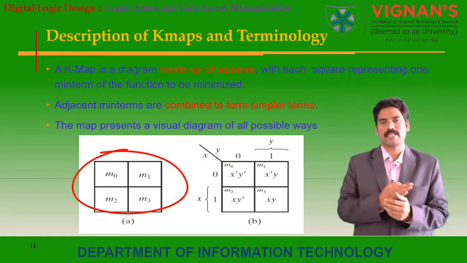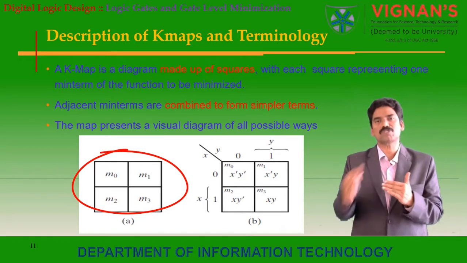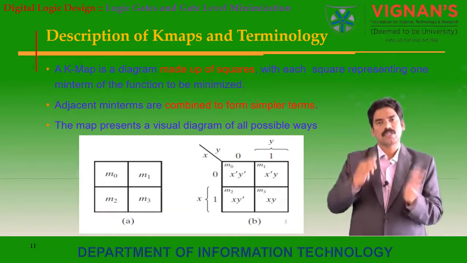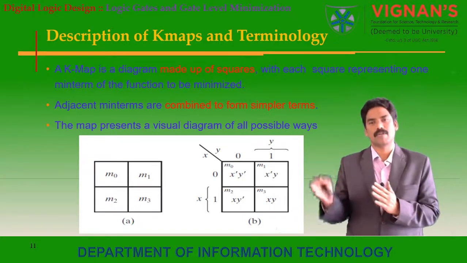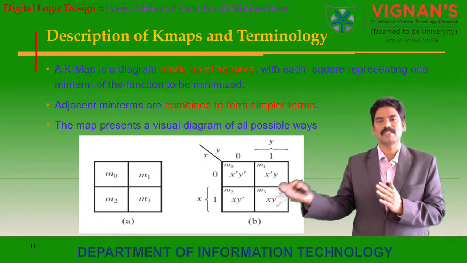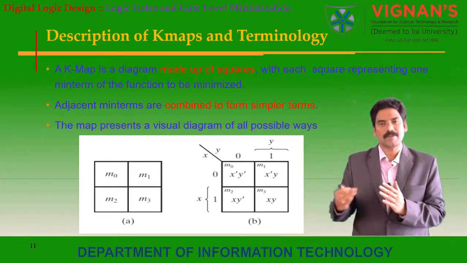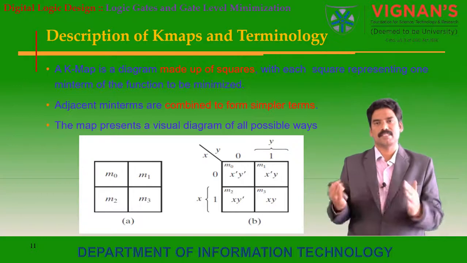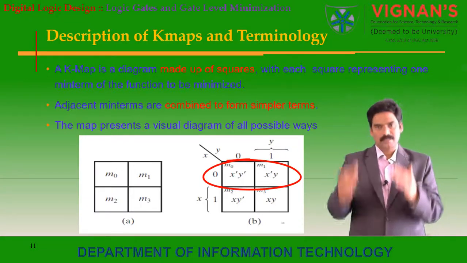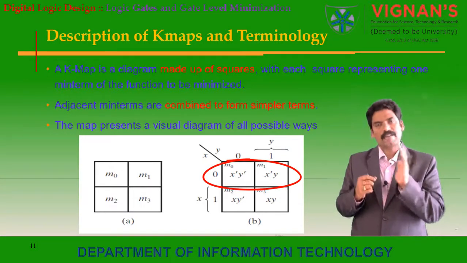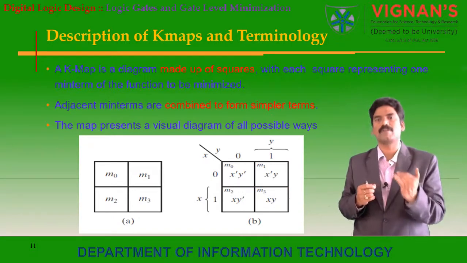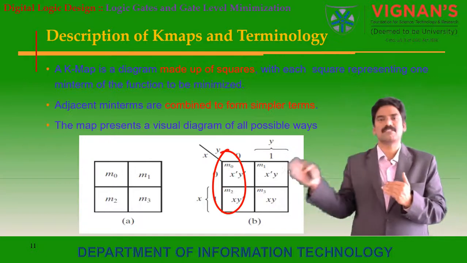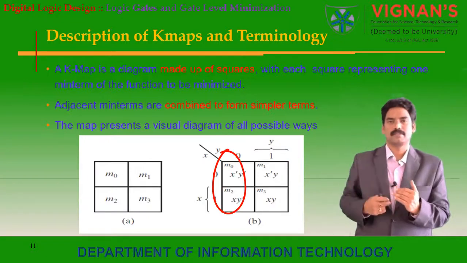We have 4 squares. What are the names of those 4 squares? M0, M1, M2, M3. So, what are the values of those? M0 means X bar Y bar. M1 means X bar Y. M2 means X Y bar, and M3 means X Y. And here, the left side rows represent the values of x, either 0 or 1, and the top columns represent y, 0, 1.